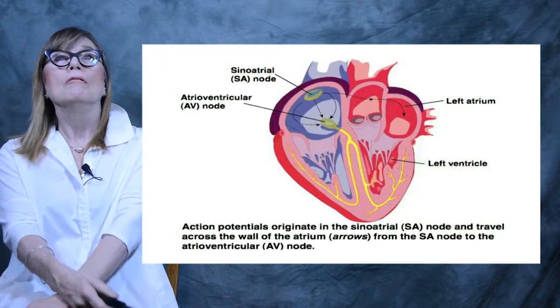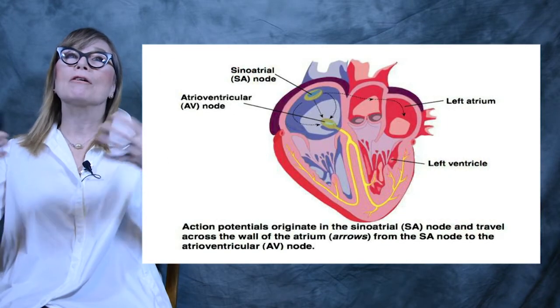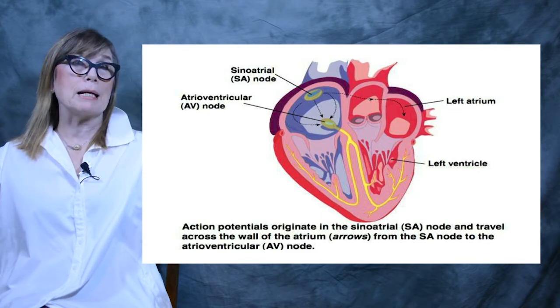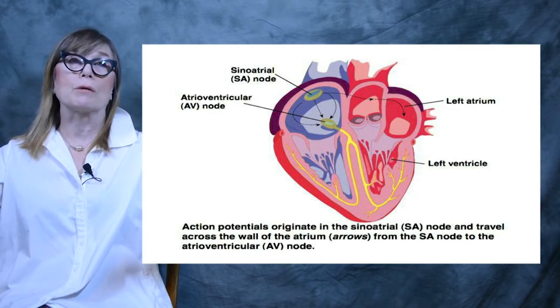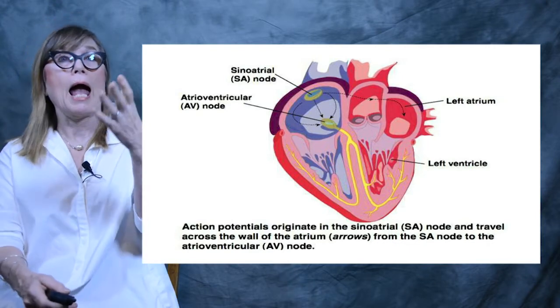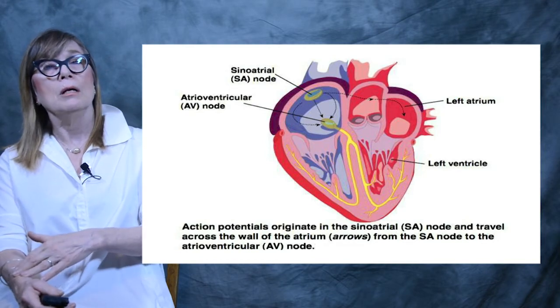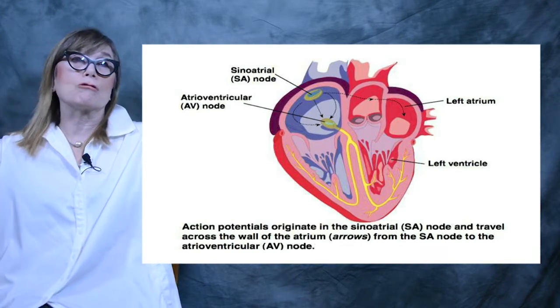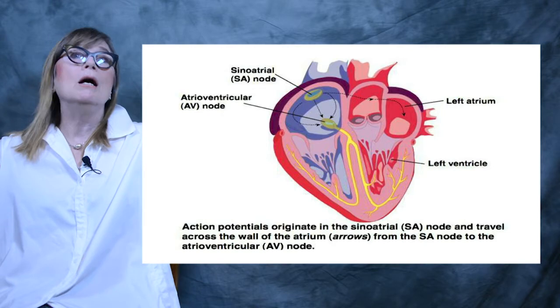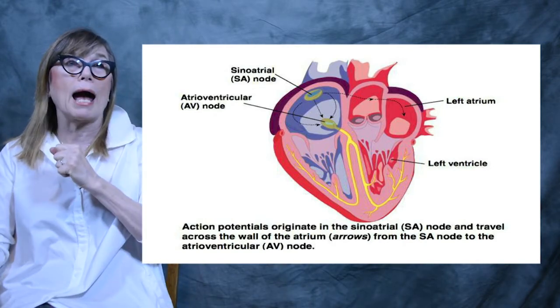First we think about our sinus node. The sinus node fires and it transmits impulses throughout the atria. That transmission of impulse throughout the atria gives us the picture on EKG of the P wave. That impulse frees the ionized calcium so the atria can contract.